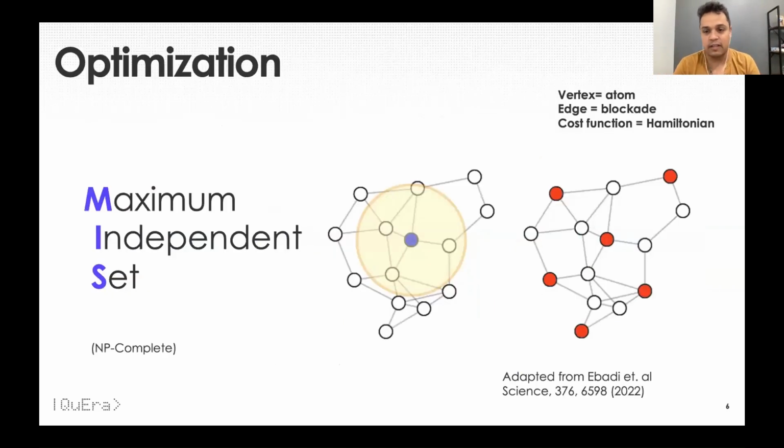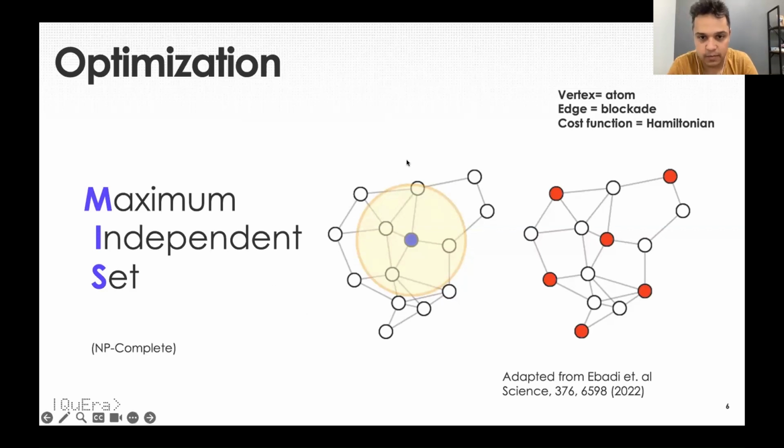This problem is called the maximum independent set. An independent set, so let's go through the graph theory part of this. I give you a graph of nodes. I paint them white. I put edges between them. And to create an independent set means to paint a subset of these nodes, let's say in red, in a way that connected nodes are not painted at the same time.